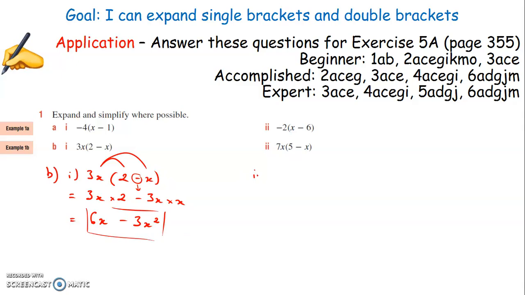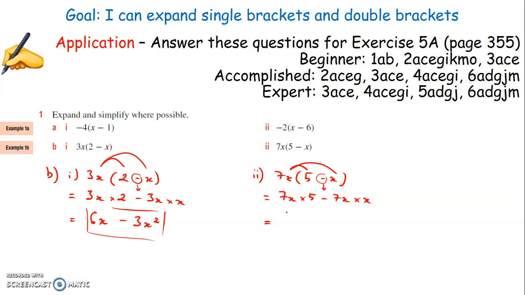And then for our last question here, we have 7x multiplied by (5 minus x). Similar to what we just did, we're going to multiply the 7x on the outside by each of the things on the inside. So 7x times 5, and then 7x times the minus x. 7x times 5, bring the minus sign out, and then we have 7x times x.